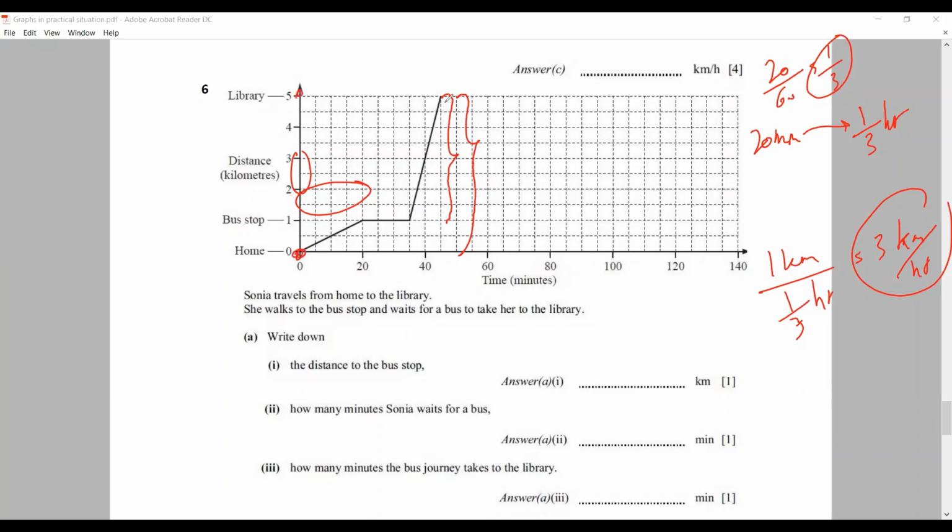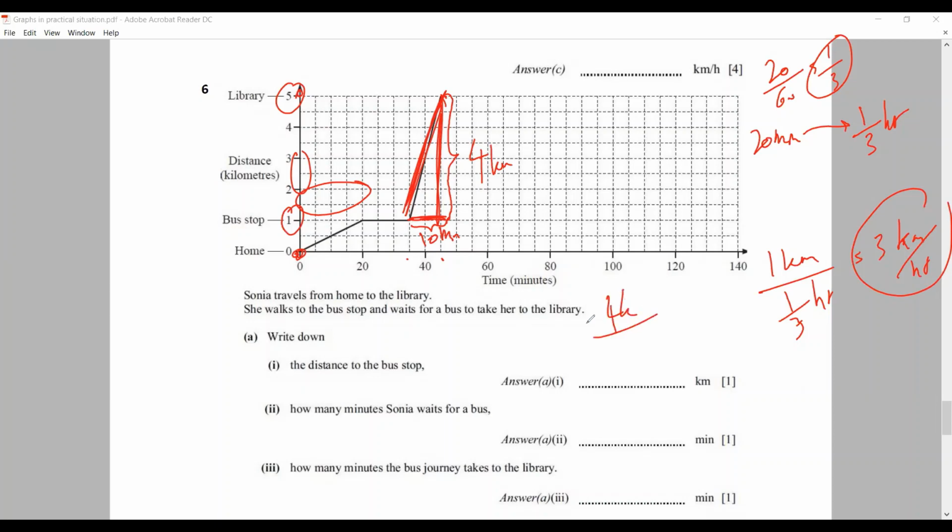That is wrong. Only for this stage, the vertical displacement and horizontal displacement. That means 5 minus 1, this is 4, and 45 minus 35, so this is 10 minutes, right? So this is 4 kilometers and 10 minutes.